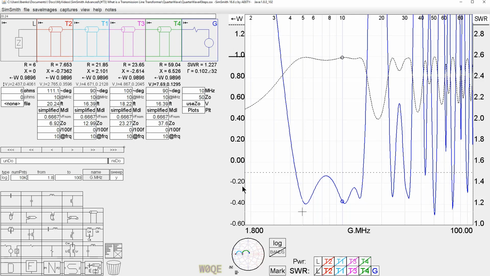But again, this is considered to be somewhat of a non-broadbanded match. The next video will be about specific, very broadbanded matches, and that's what people mostly think of when they talk about transmission line transformers. But all these examples I've done so far have really been transmission line transformers also.